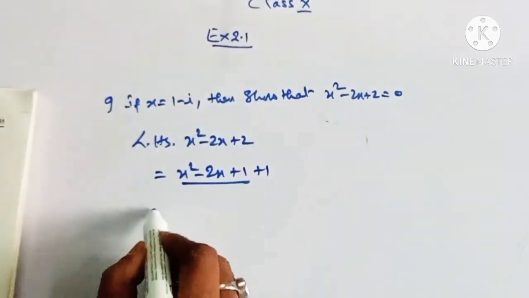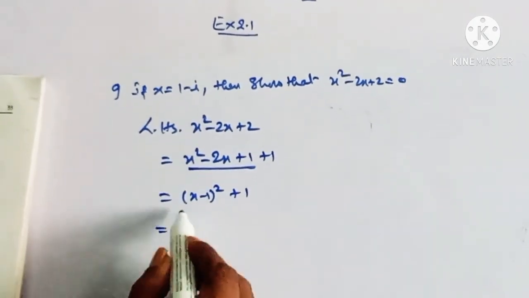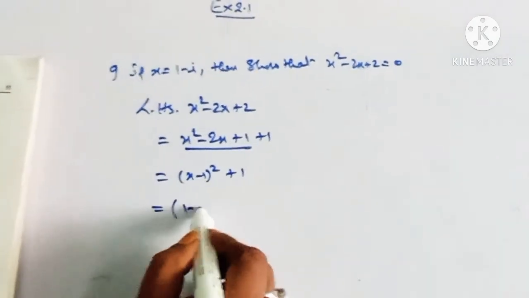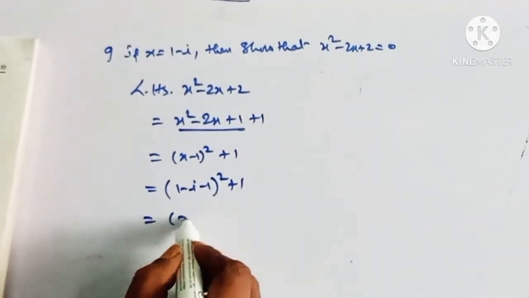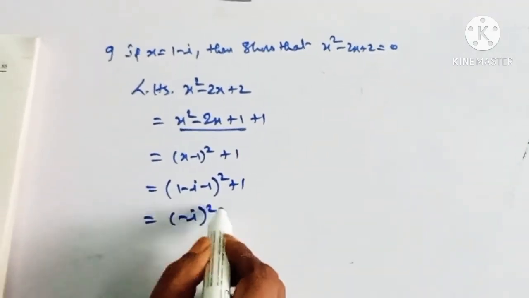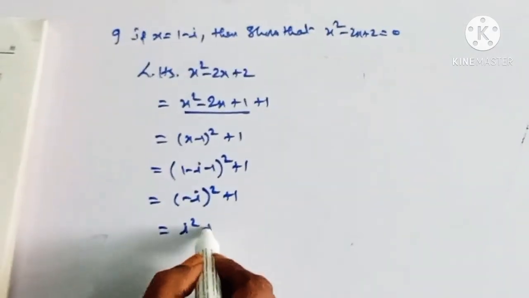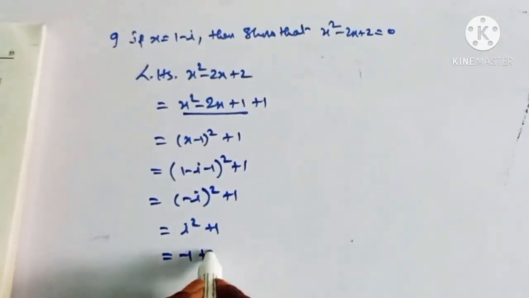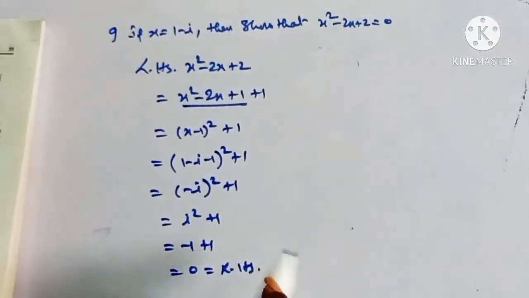So this becomes (x minus 1) the whole square plus 1. Now I put the value of x, that is 1 minus i: (1 minus i minus 1) the whole square plus 1. So it becomes (minus i) the whole square plus 1, which is i square plus 1. So this is minus 1 plus 1, which is 0, equal to the right hand side.